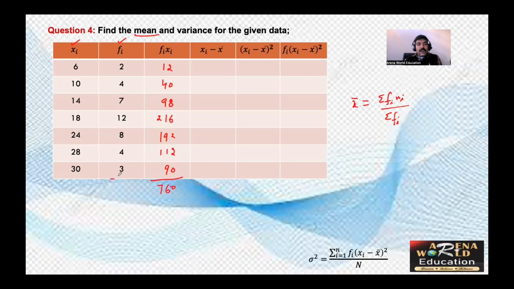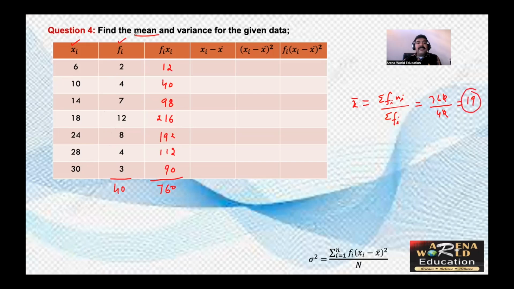And if I talk about fi, what is the summation of fi? This will be 40. So now what is the mean? This will be 760 divided by 40, and after solving, this will be equal to 19.